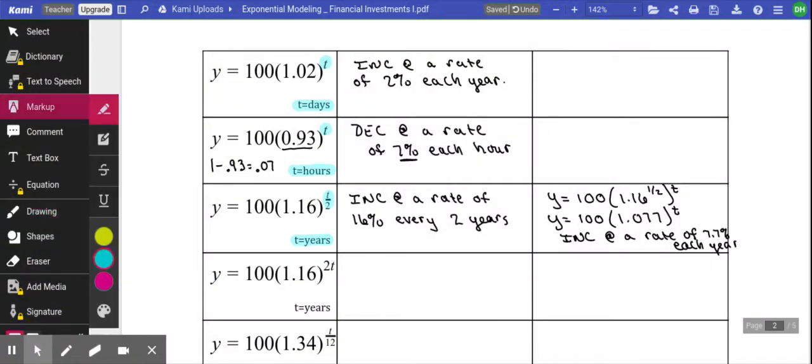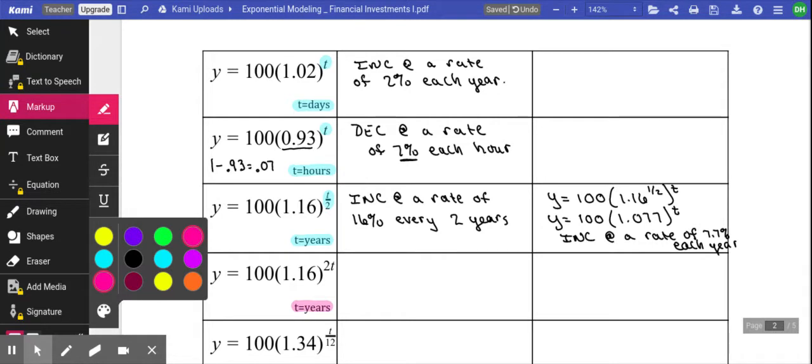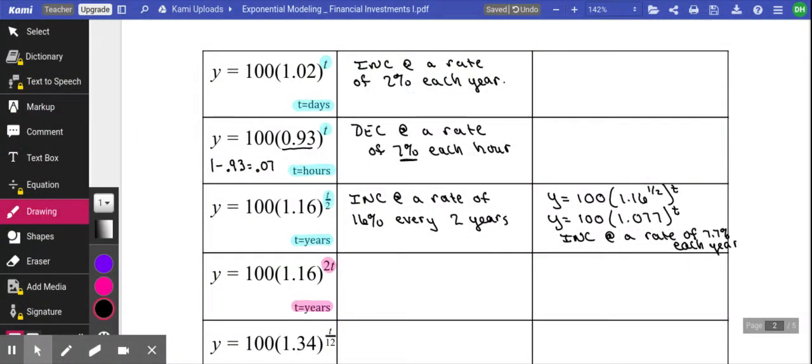But watch this. If I just make a subtle change here, so let's say t is still measured in years, but look at the coefficient now. The coefficient's a 2. So that's a slightly different interpretation. Let me show you what it is and see if we can make some sense of it. We'd say we're increasing at a rate of 16% every 6 months. Now, whoa.